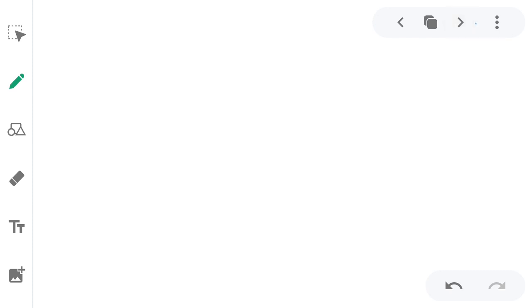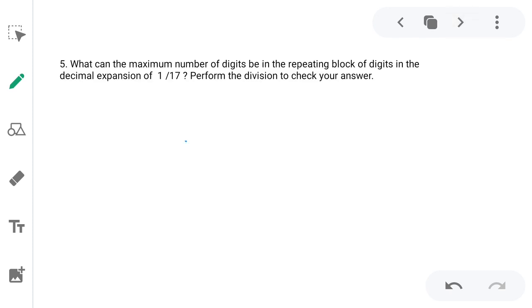Next, question number 5. In this question, see what we have to do. What is the maximum number of digits in the repeating block? So in this we should divide using the simple division method, and we will see how many times the digits are repeating, or whether one digit is repeating or a block of digits is repeating.